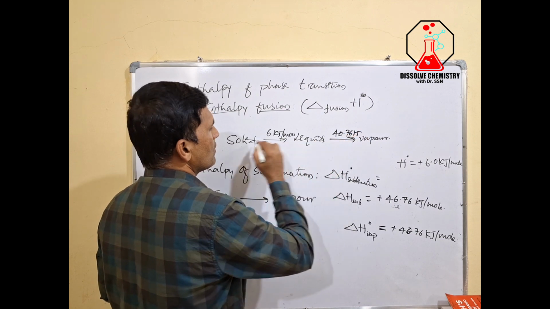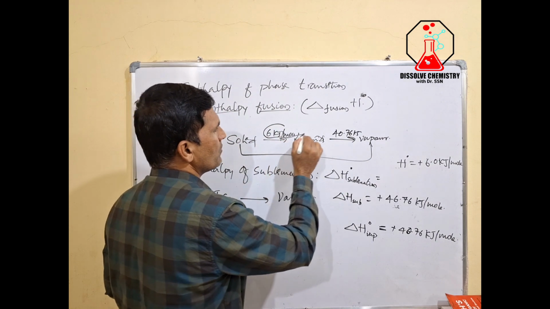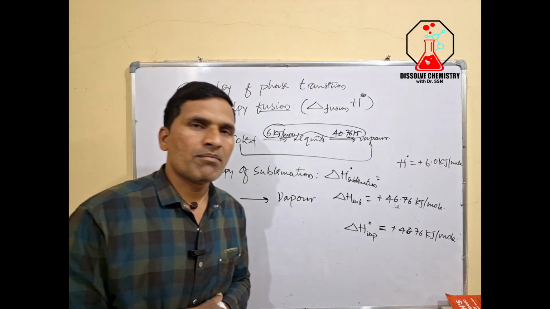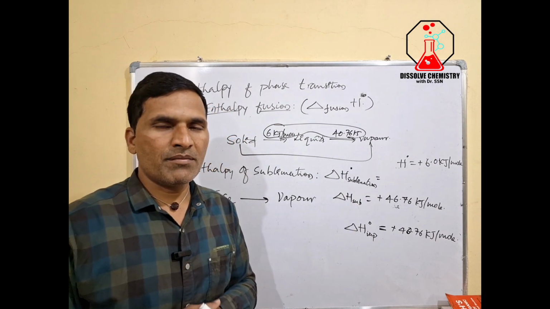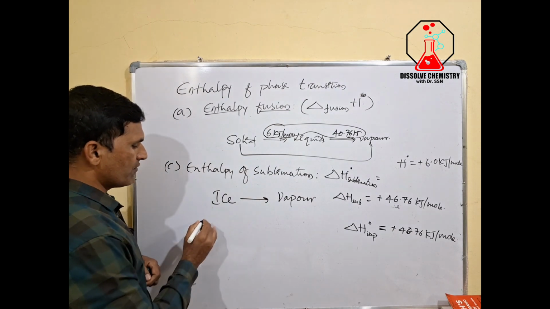So now if I convert solid to vapor directly, it will be the sum of these two energies that we supply. Then we get the total enthalpy of sublimation. There are many subliming solids, like naphthalene.